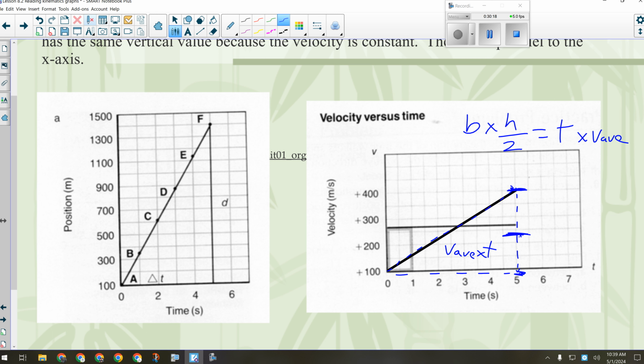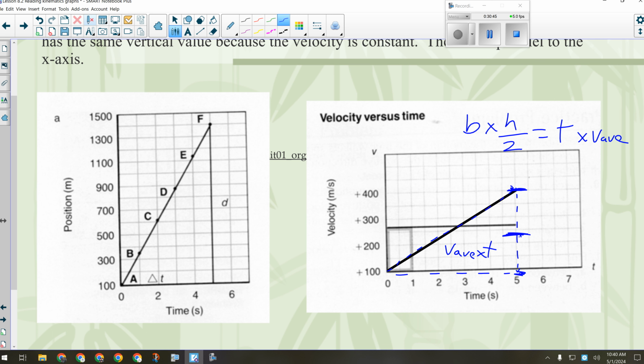I don't want you to memorize things, but if you're having trouble with the analytical part, this rule works. The area between the line and the x-axis on this type of graph represents displacement. You might have to calculate the area of a lot of shapes, but it would work.